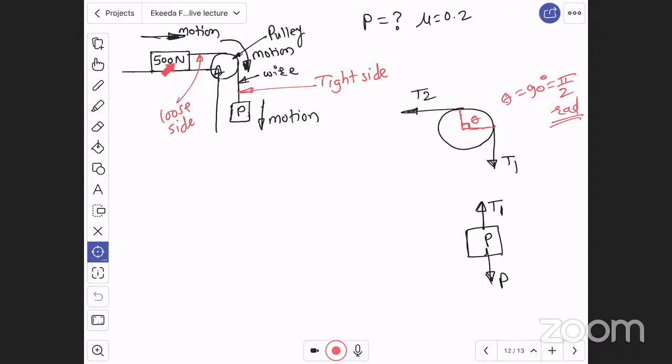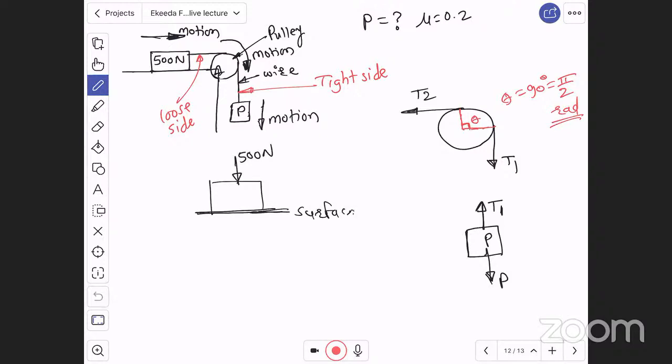Now let us go for the free body diagram of the 500 Newton block. This block is resting on one surface. Therefore, weight always acts in the downward direction, that is 500 Newton.